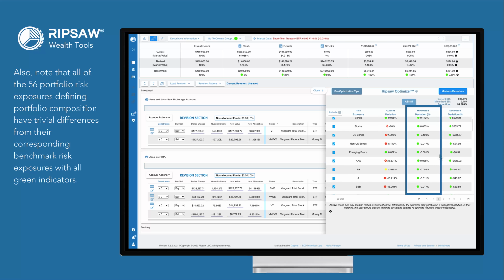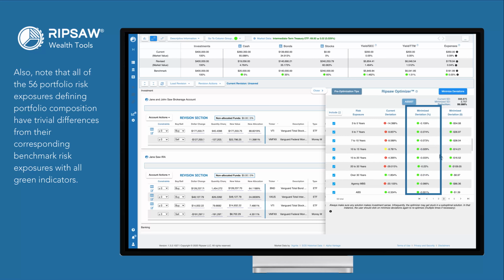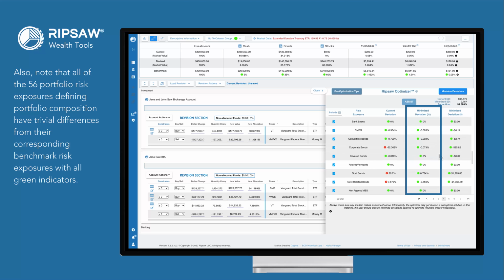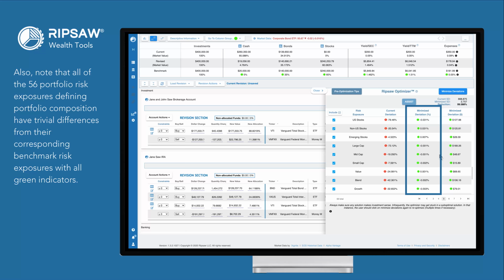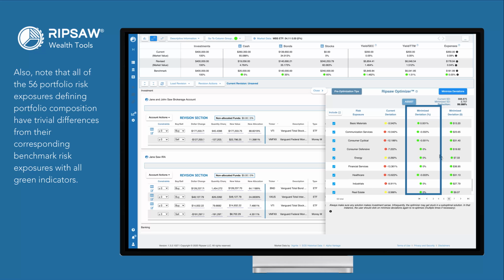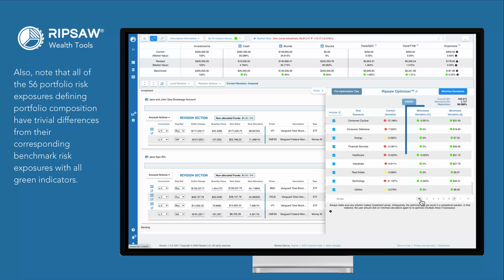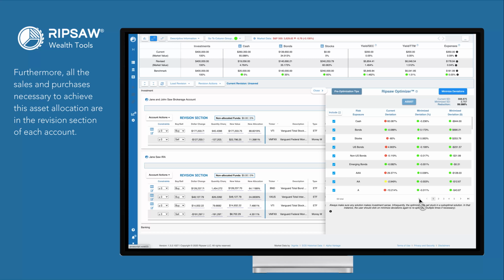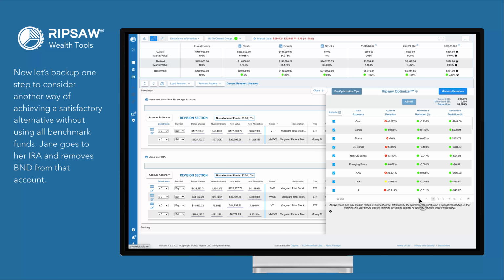Also, note that all of the 56 portfolio risk exposures defining portfolio composition have trivial differences from their corresponding benchmark risk exposures with all green indicators. Furthermore, all the sales and purchases necessary to achieve this asset allocation are in the revision section of each account.